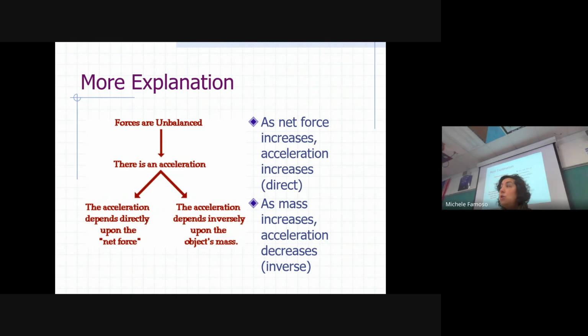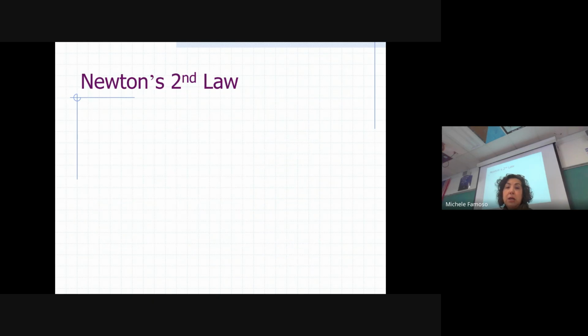All right, so let's now look at how this comes out as an equation, because proportionalities give us equations in physics. So Newton's second law, the equation for it, is a equals F net divided by m. Now this equation is on page 6 of your reference table.